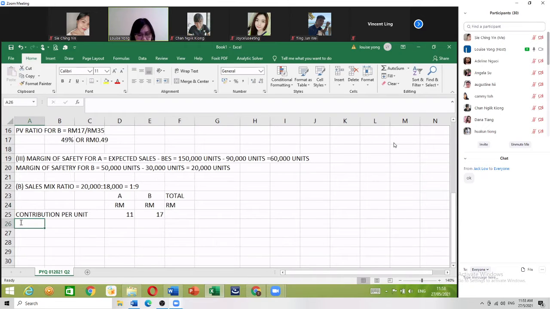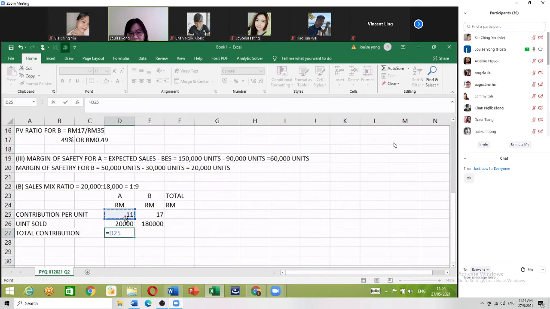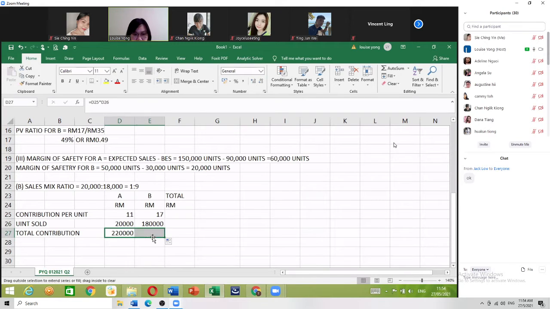Right, so units sold, 20,000. Okay, so this is 118,000. Okay, so what is your total contribution margin? Okay, so you just use 11 times 20,000. Okay, so 220 B.